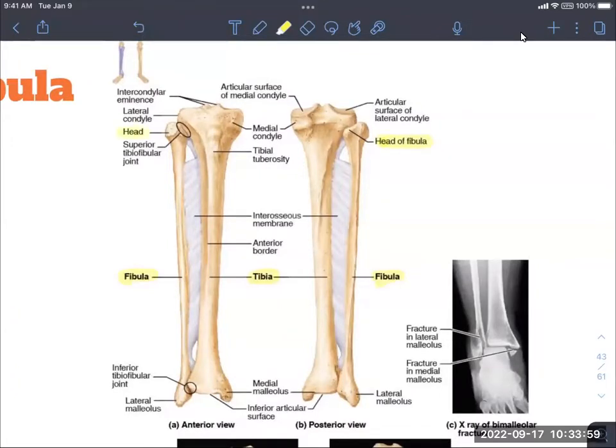You see the head of the fibula here. On our tibia, we have a lateral condyle and a medial condyle. So that lateral condyle, medial, lateral.